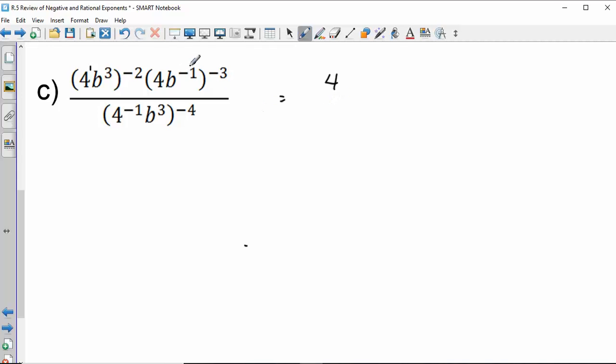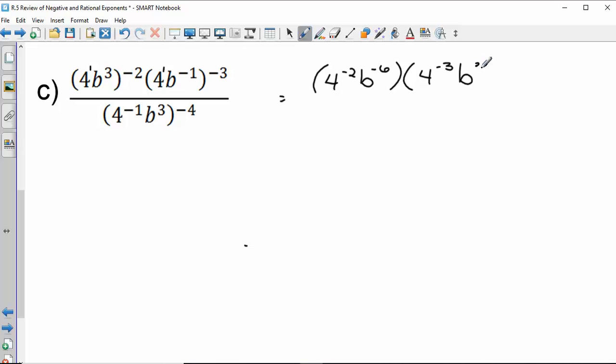Power to a power, we multiply, so 1 times -2 is -2. B, 3 times -2 is -6. Next one, if we distribute, we get a 4. This is for the first, so 4 to the -3rd.